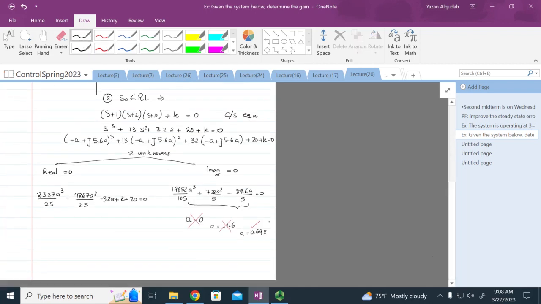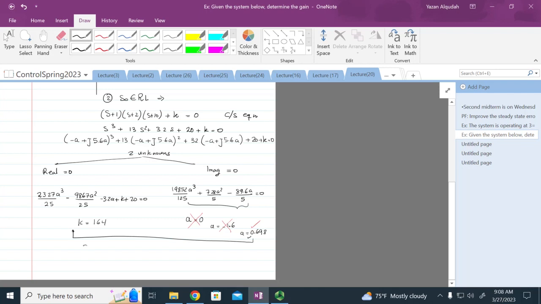And therefore, the value that will interest us is 0.698. And then I can come to this equation, plug in the value of a, and that will give me the value of k, which is equal to 164.